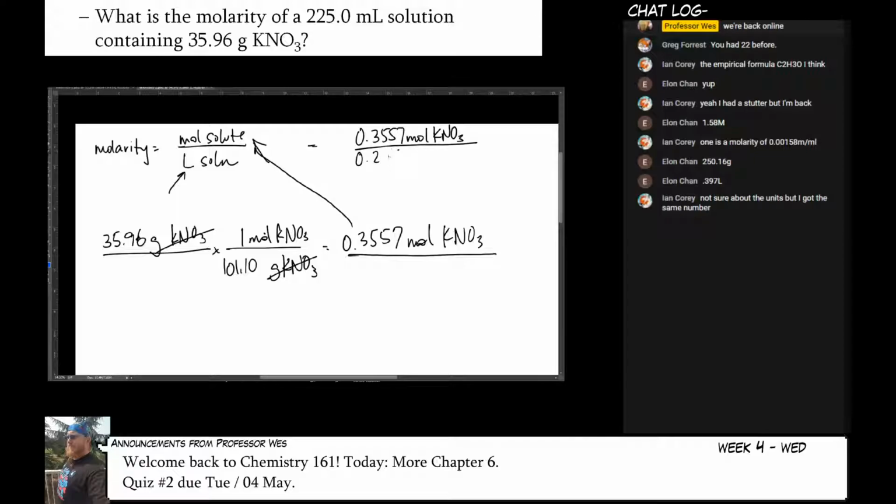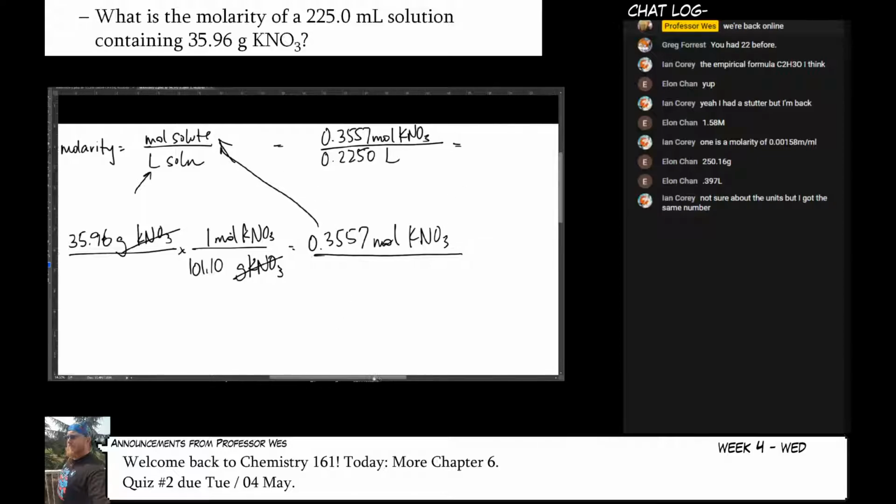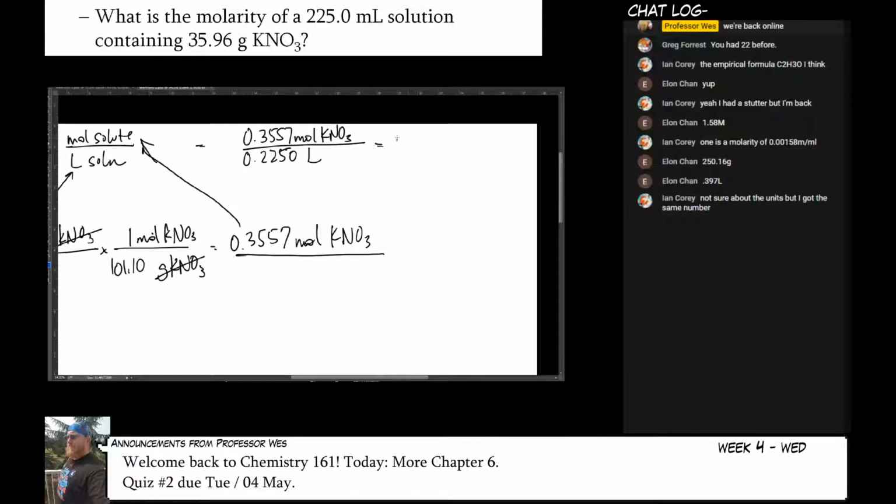Oops, not 255, 225 liters. And so the molarity I get for that first problem is 1.581 moles KNO3 per liter.